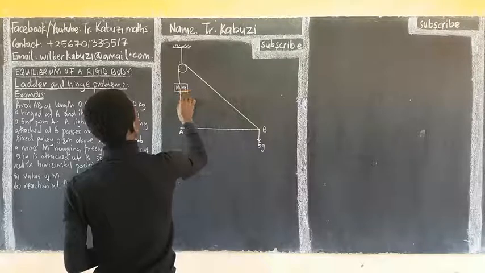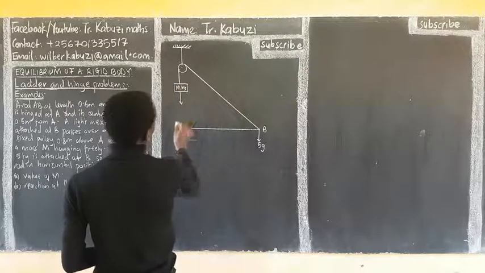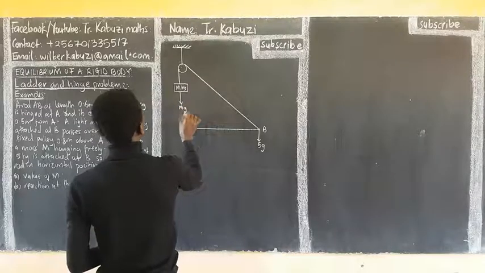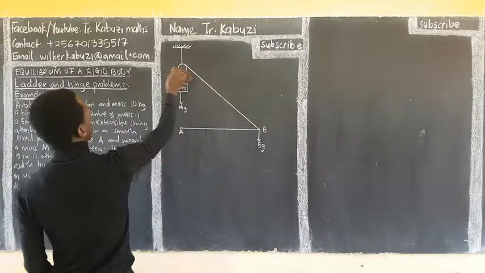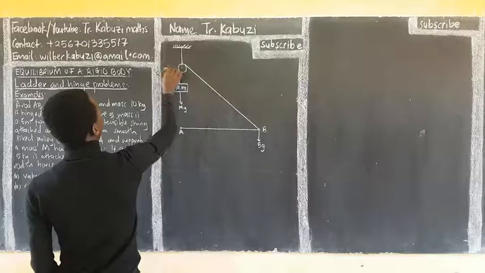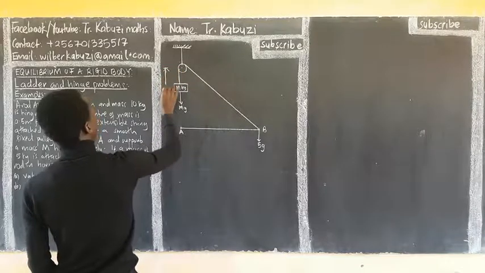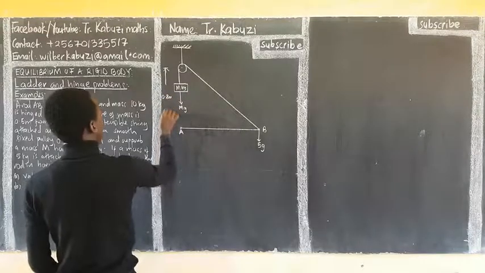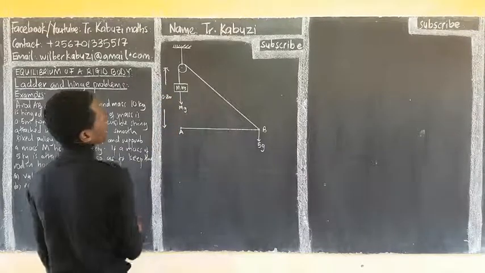Of course, it will exert a weight. That weight is going to be mg. So here we are having this as 0.8 meters up here, and the string down here, like that.